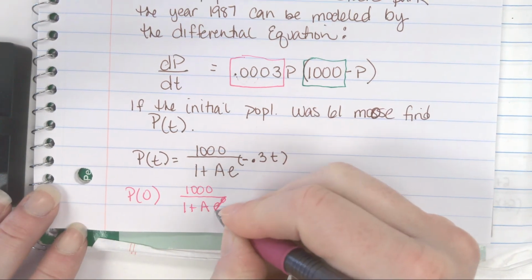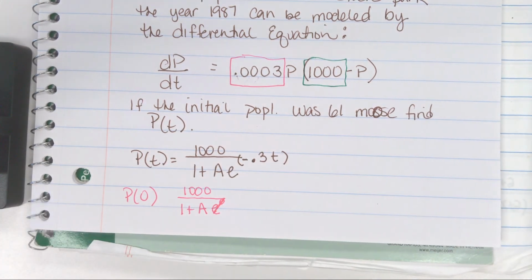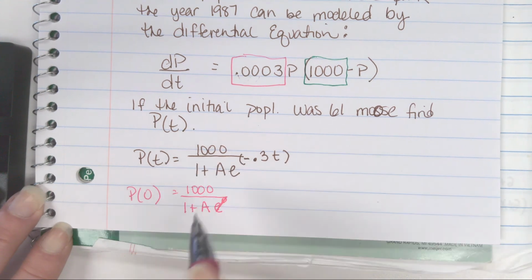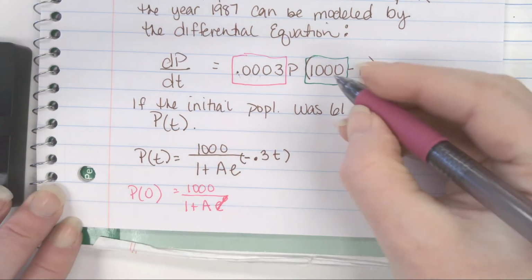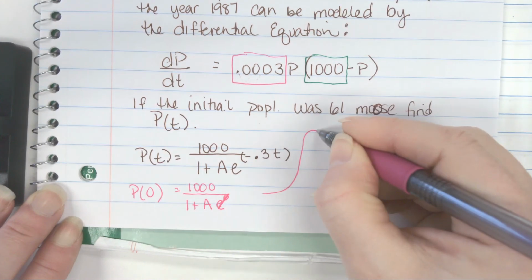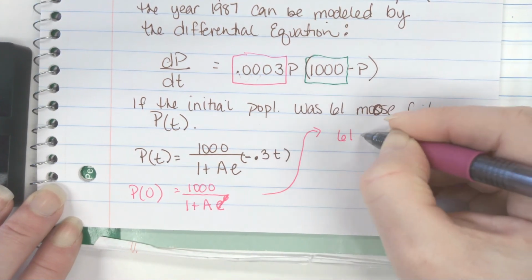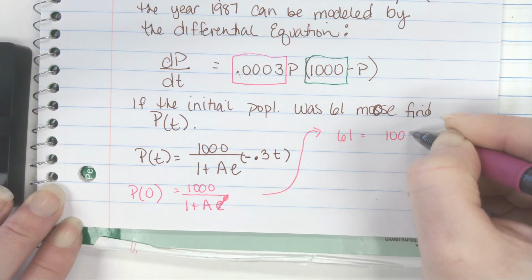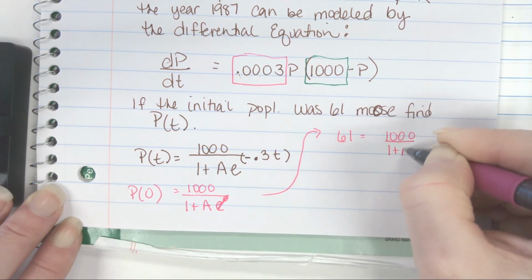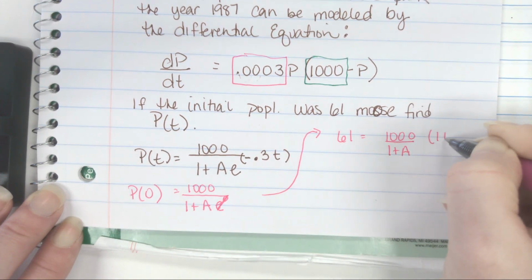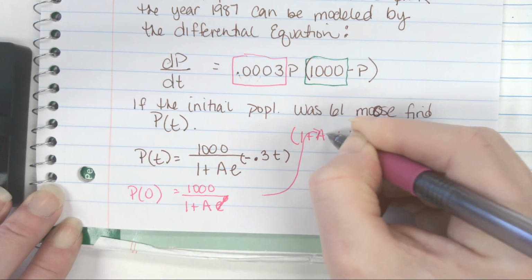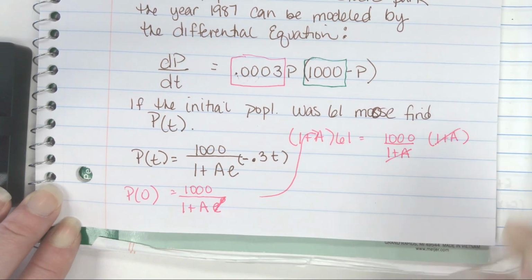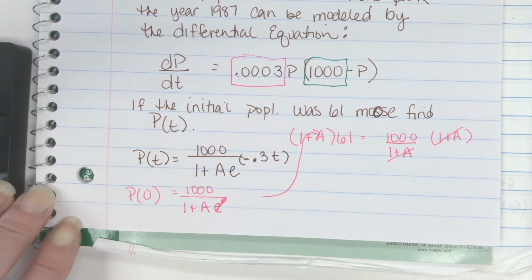Now I'm going to put that 61 in here and solve that equation. So 61 equals 1000 over 1 plus A. I'm going to multiply both sides by 1 plus A. That cancels. Remember, I'm trying to solve for A.